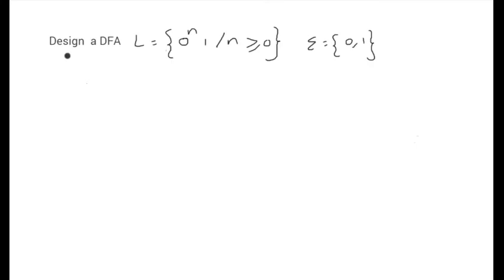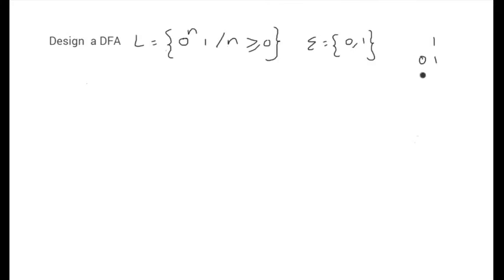Next example is: design a DFA for the language L equal to 0 power n 1, such that n is greater than or equal to 0, and L is defined over the alphabet 0, 1. If we put n equal to 0, the string is 1, so it should be accepted by the finite automata. If n equal to 1, the string 0, 1 should be accepted.